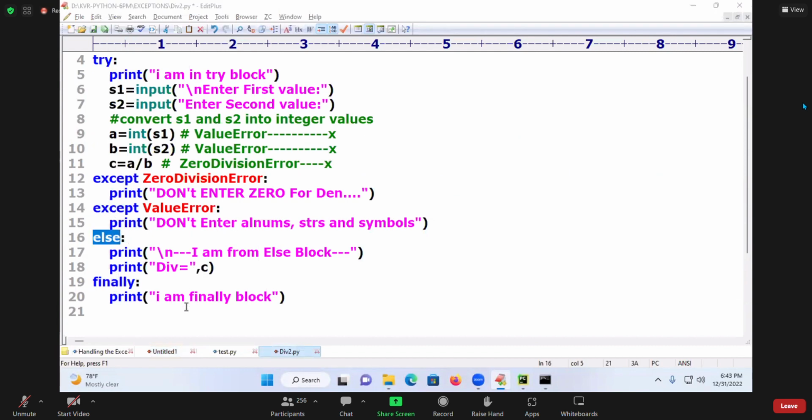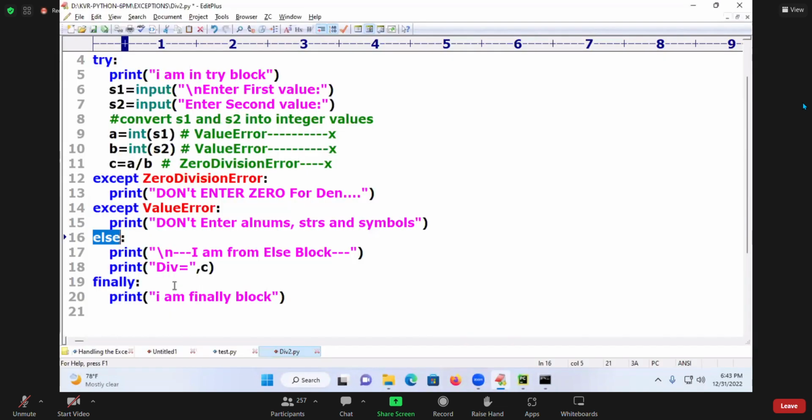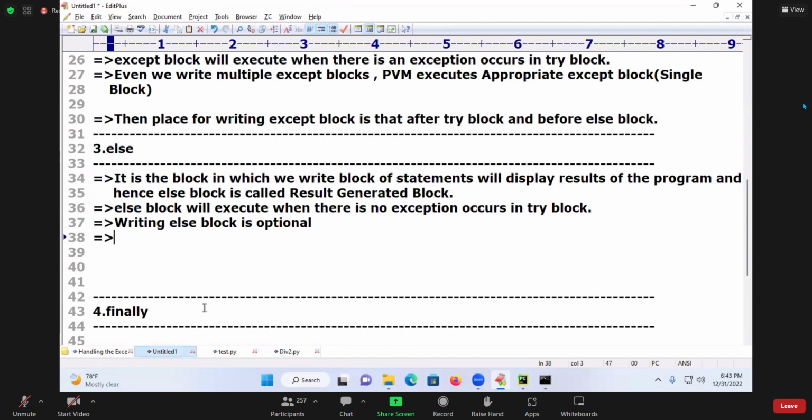Next one: what is the placement of writing else block? You see here I wrote it. After except block and before which block?